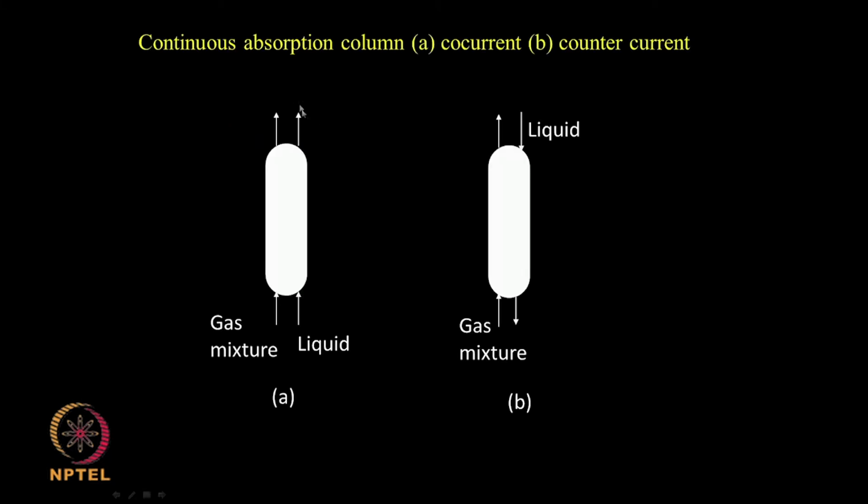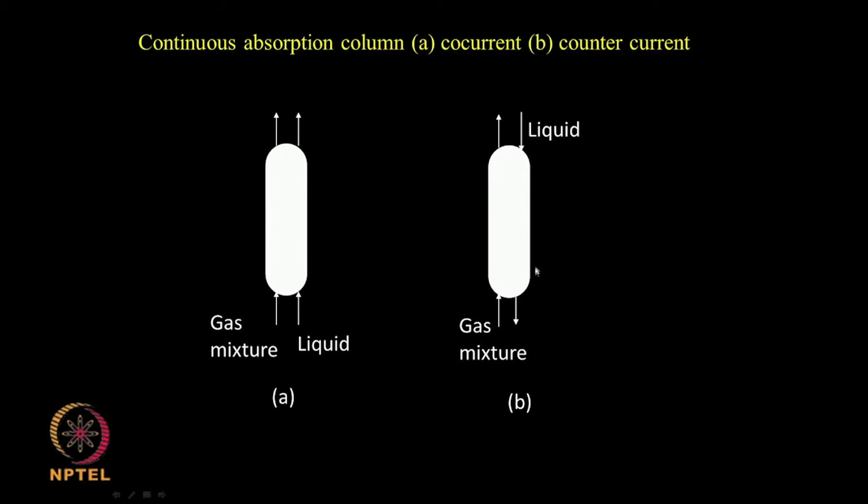Generally absorptions are done in tall towers or columns. You have the gas mixture going in, and the liquid also going into the column, either in a co-current or a counter-current manner, and then the gas is vented out at the top and the liquid is collected at the bottom. In the counter-current case the liquid enters, and the liquid could be water or ammoniacal solution or alkali, and the gas that needs to be scrubbed comes from the bottom, rises and then goes out.